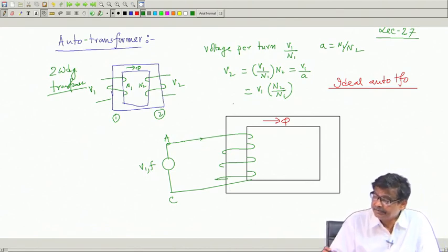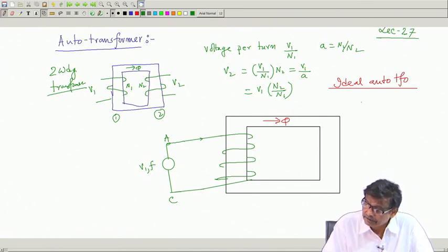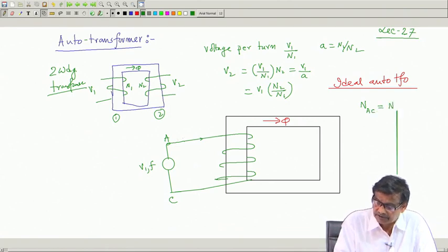And let me say that number of turns of this NAC is equal to N1, total number of turns.